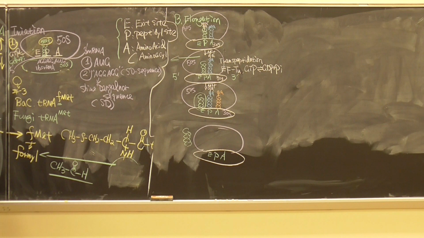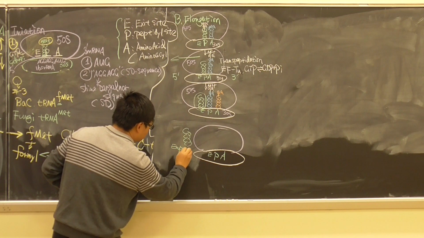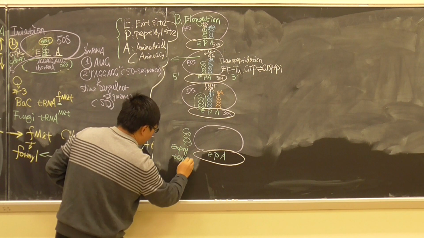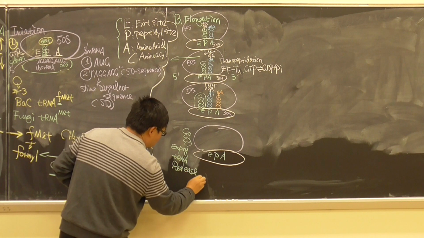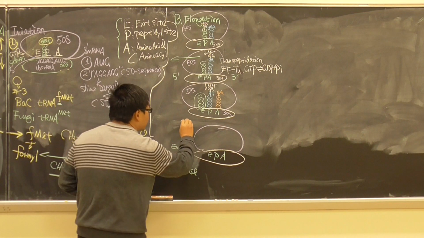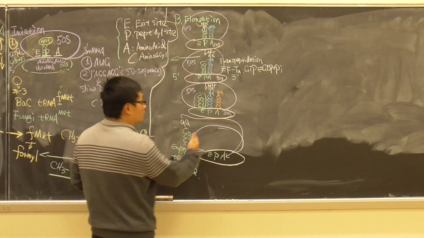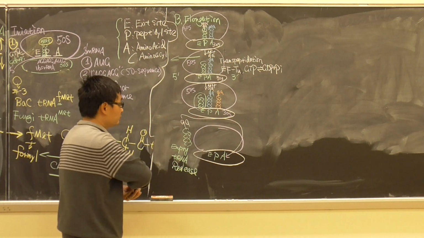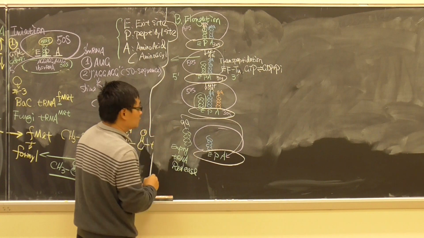Once we say exit site, I already removed the exit site, which means it's going to be gone. So this empty tRNA will release. They are not just going there to have fun. They will be looking for another amino acid and later on will come back here. What are the others going to do? This is going to move to here.